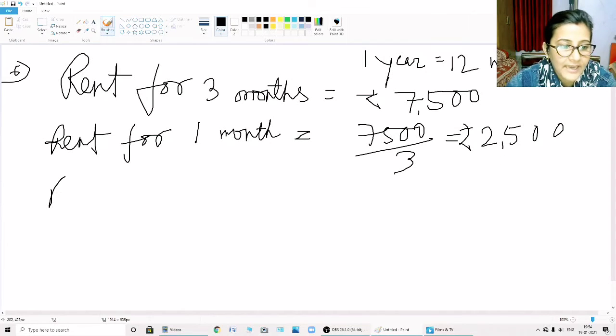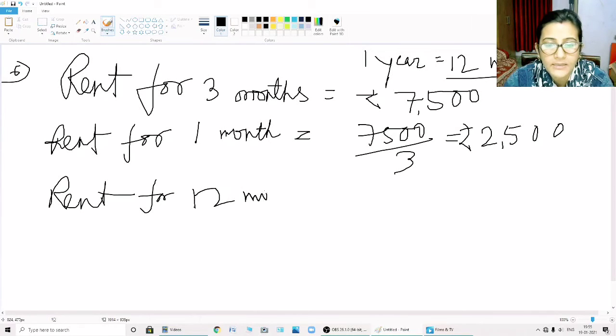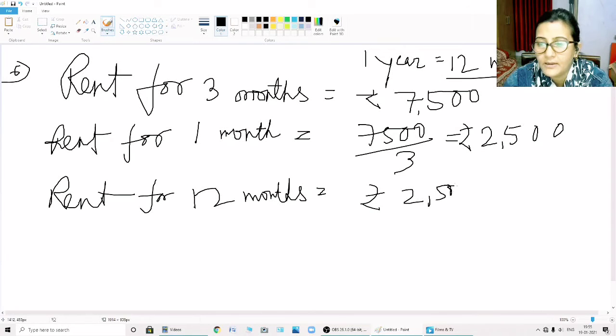Now next we can easily find out the rent for 1 year. Since it is given in months, 1 year means 12 months. So the rent for 12 months will be, simply, 2500 into 12.